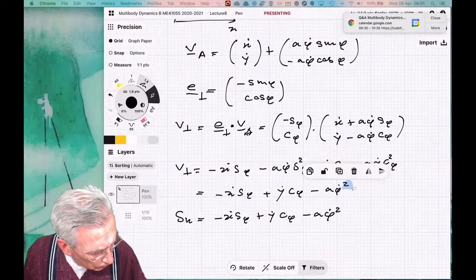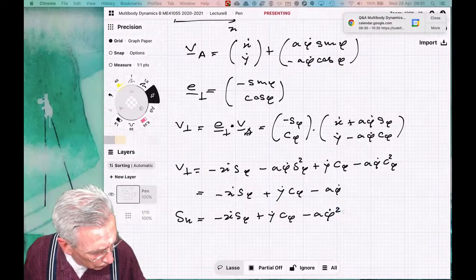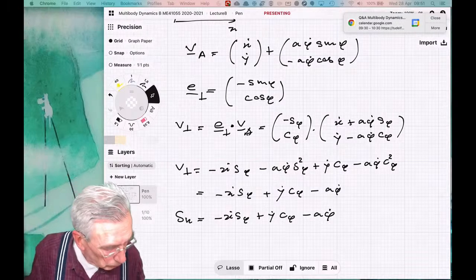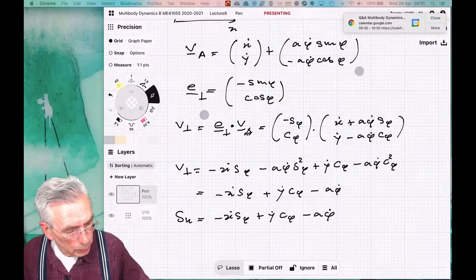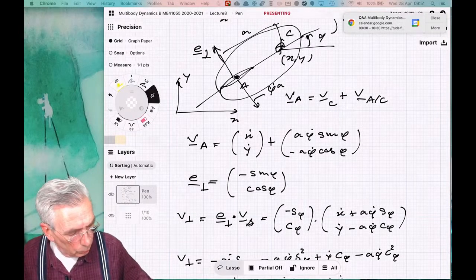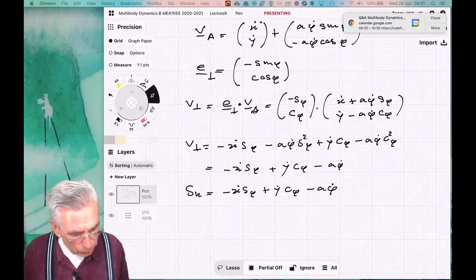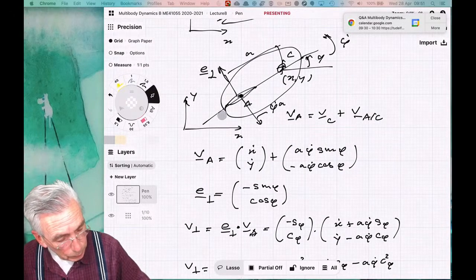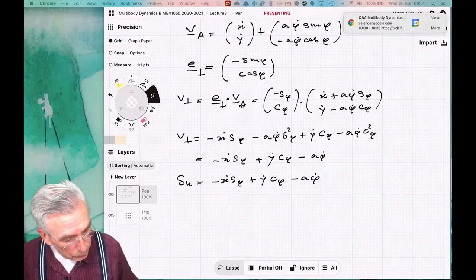Stupid. Of course not. Just phi dot. Okay. And why do we have this term now? Because the skate is not at the center of mass, but is distance a from the center of mass. So we have this additional term. And of course it's in the direction exactly perpendicular to the skate. So we have just this a.